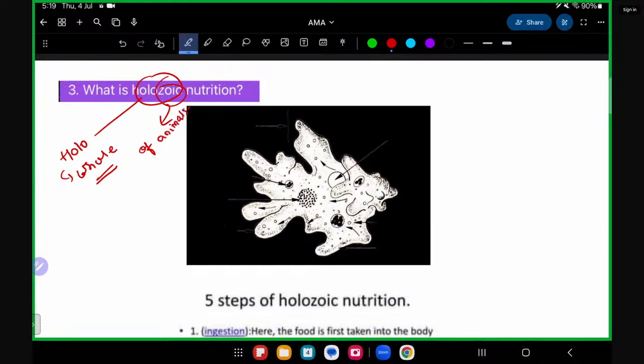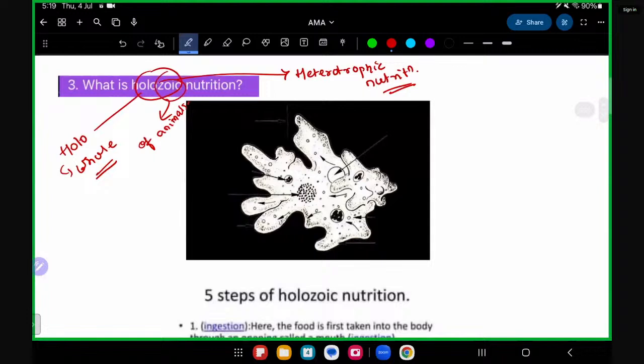That means holozoic nutrition is a heterotrophic nutrition. That means they do not prepare their own food. They depend on other animals for their food. They are heterotrophic animals and the nutrition is known as heterotrophic nutrition.